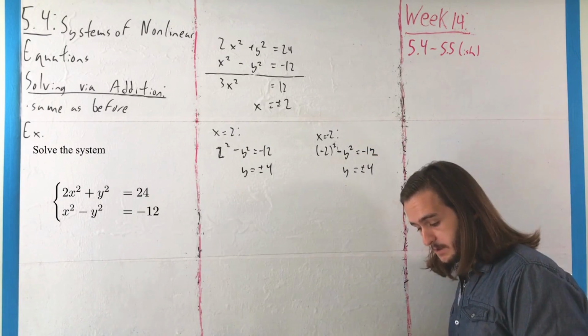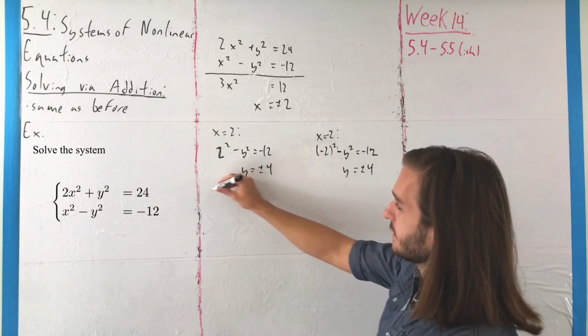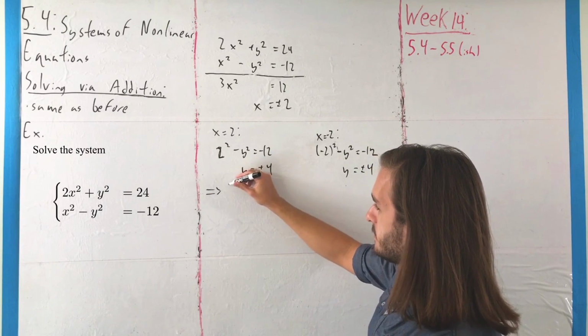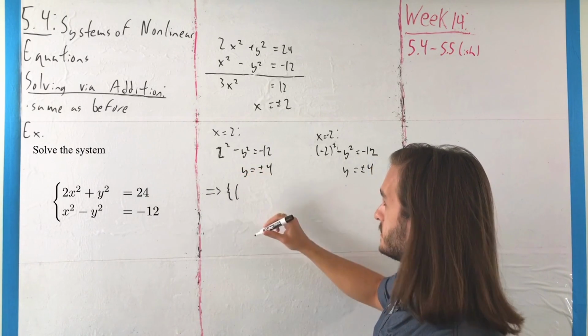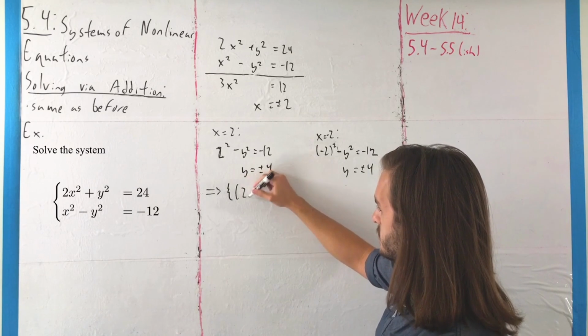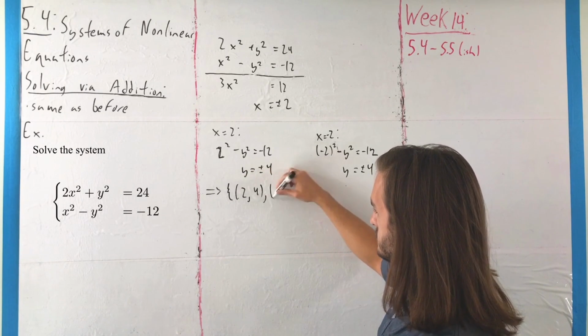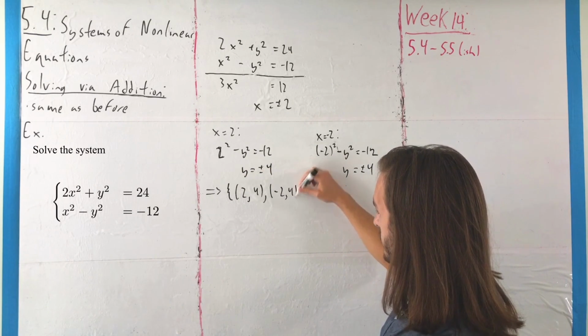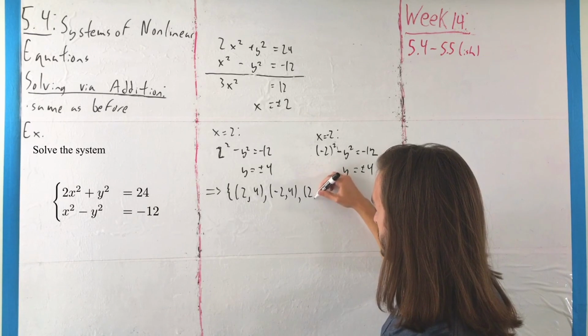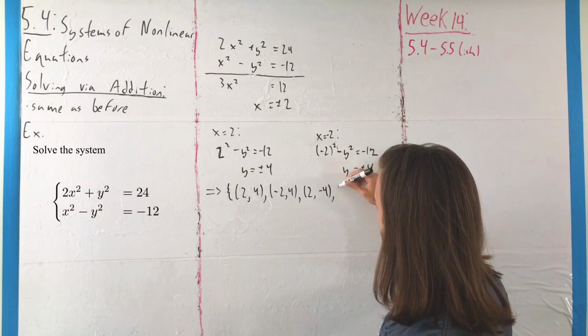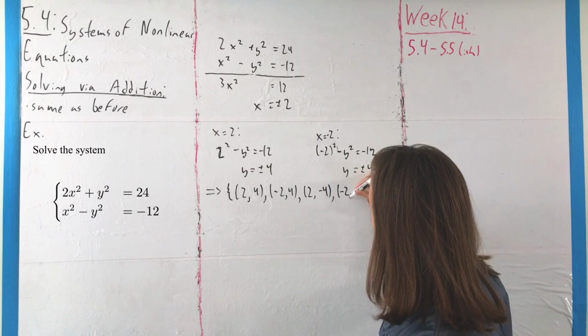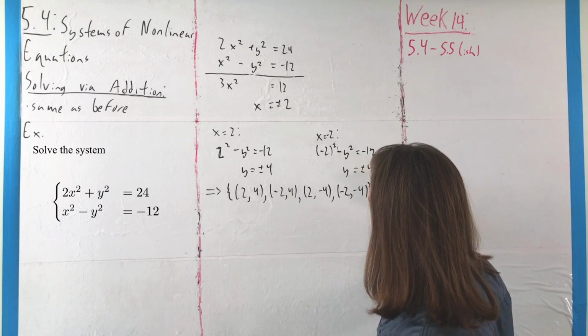And because y is equal to plus or minus 4 here as well, we would have that our solutions, to be a little bit more exacting this time, consist of the sets (2, 4), (negative 2, 4), (2, negative 4), and (negative 2, negative 4).